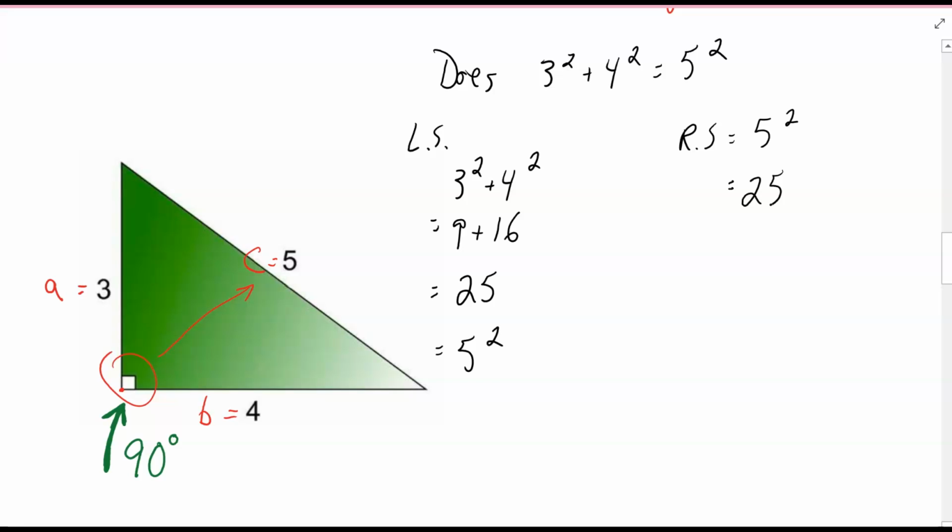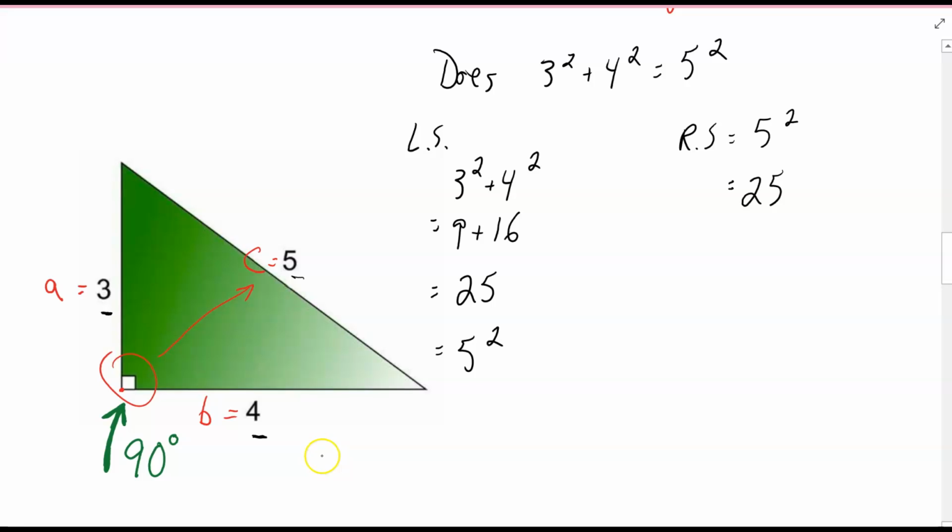Okay, so this is a very useful relationship. We have integer 4, integer 3, and integer 5. And any units will form this right triangle.